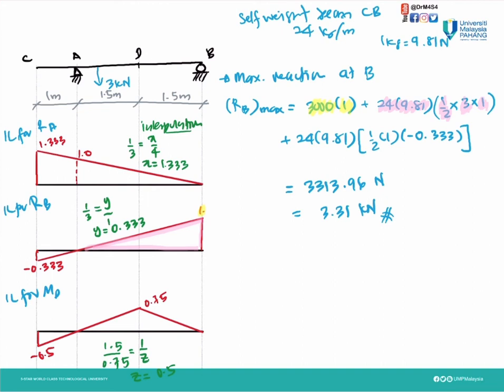Then we need to add another area here, a small triangle. So plus 24 kg times 9.81. The area for the orange one here is half times 1 meter times negative 0.333. Solve this and we find our RB max is 3.31 kN.